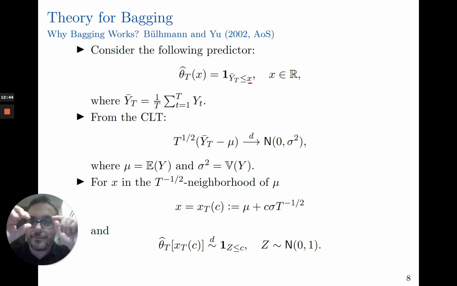So let's define our threshold x_T(c), where c is a constant, as mu, the mean, plus a term that depends on 1 over square root of T and sigma. You see the point here, the instability.